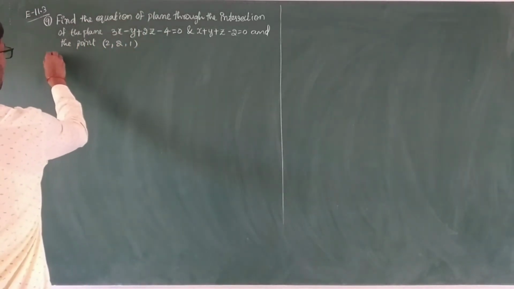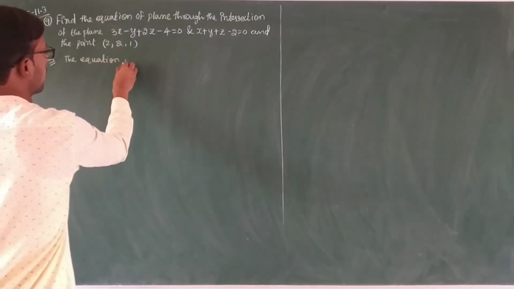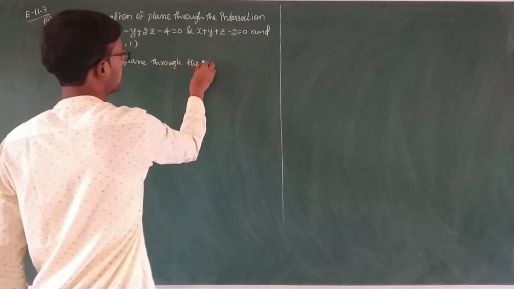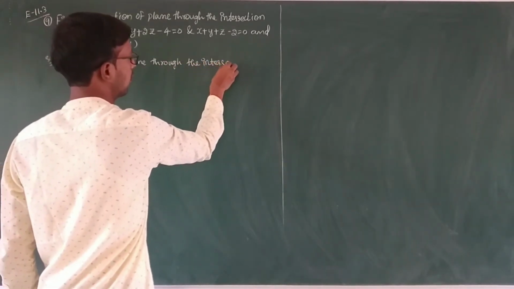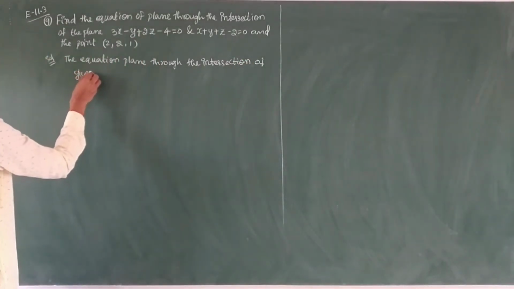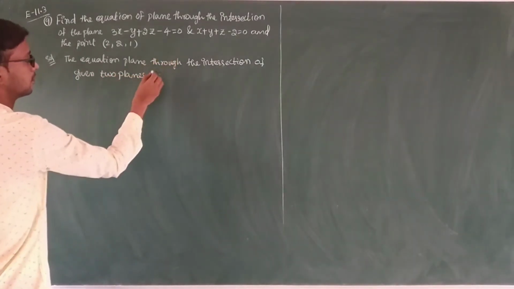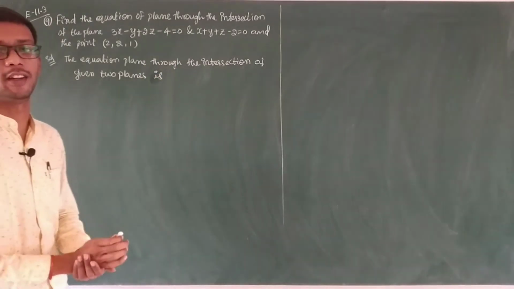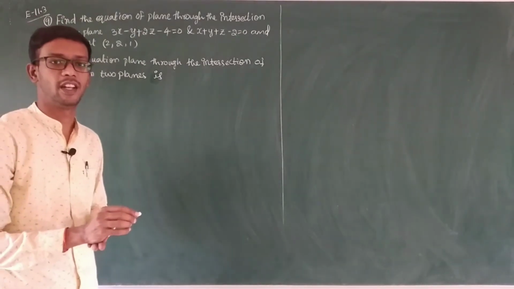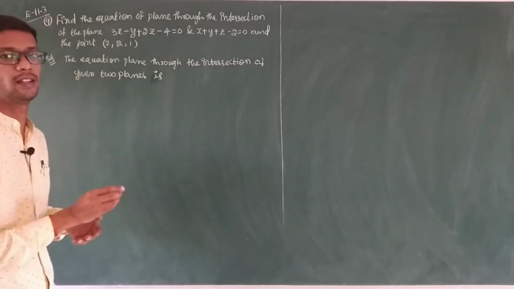So, solution. The equation of the plane through the intersection of the given two planes is, what is the formula? a1x plus b1y plus c1z minus d1 plus lambda into a2x plus b2y plus c2z minus d2 equal to 0.